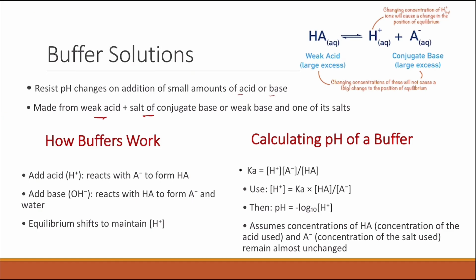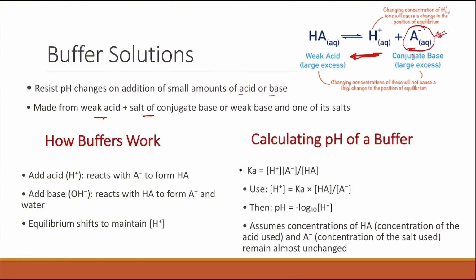How does it work? We have the acid, and we know that the acid will partially dissociate in aqueous solution to give the hydrogen ion and the anion. And then we add some of the conjugate base, or that anion, to this acid. So when you add some acid to the buffer, the reaction will be shifted to the left-hand side to compensate for the excess acid, or the acid that is added will react with the anion.